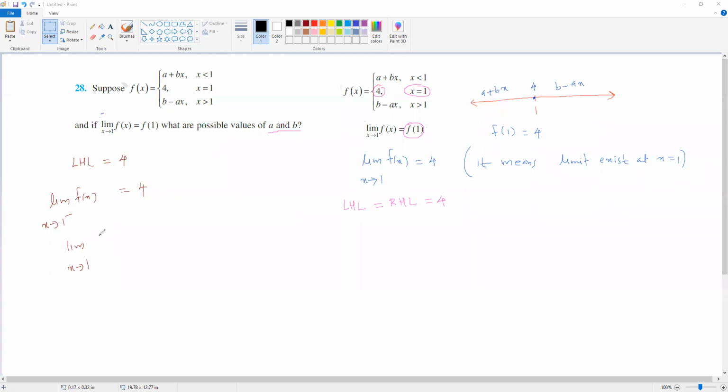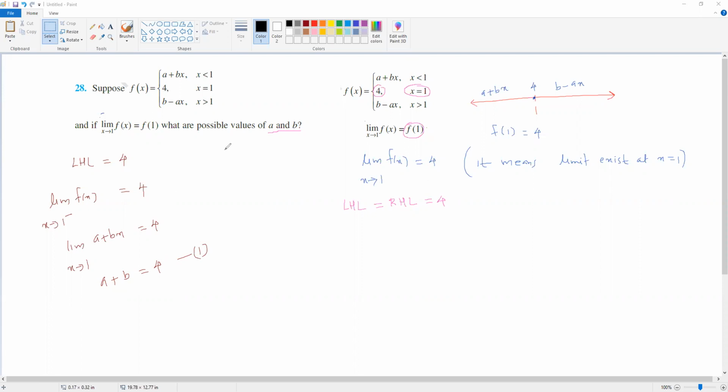So how do we find the limit? Direct substitution. Put x equal to 1, so a plus b into 1, that is b. A plus b is equal to 4. So you got one equation from the condition that the left hand limit is equal to 4.